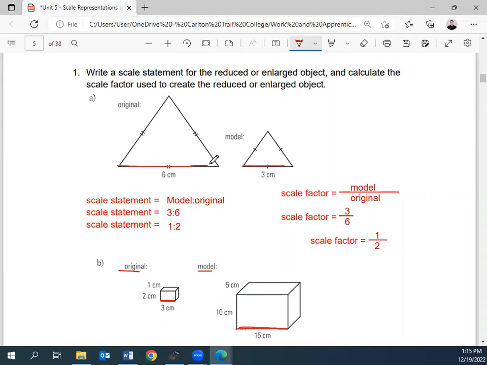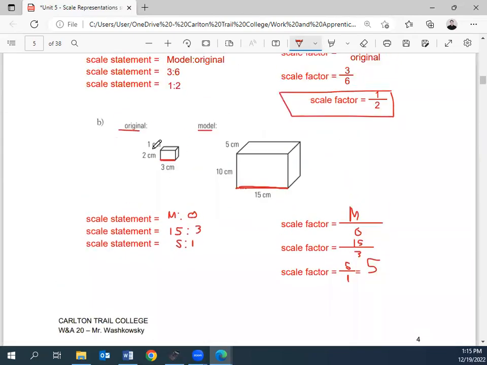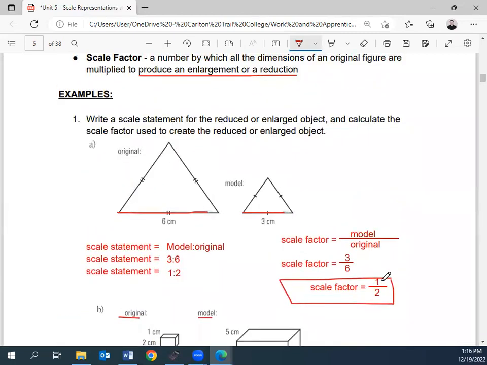So you're just multiplying it? Multiplying it, yeah. I'm taking my original, which is really tiny, multiplying it by my scale factor, which is 5. It gets bigger. But when I multiplied it by something smaller than 1, a half, it got smaller, didn't it? So that's what the scale factor is. You're taking the original and timesing it by the scale factor to get your model's size.